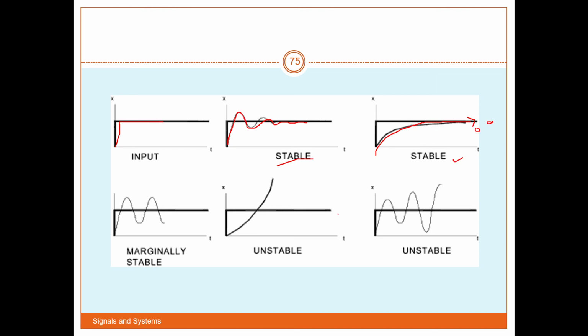For this one, the system keeps going bigger and bigger, so it's unstable, and this one also grows exponentially, also unstable. But this one, a sinusoidal signal, has a limit, or is bounded, and only goes to a certain amplitude, so it is marginally stable.